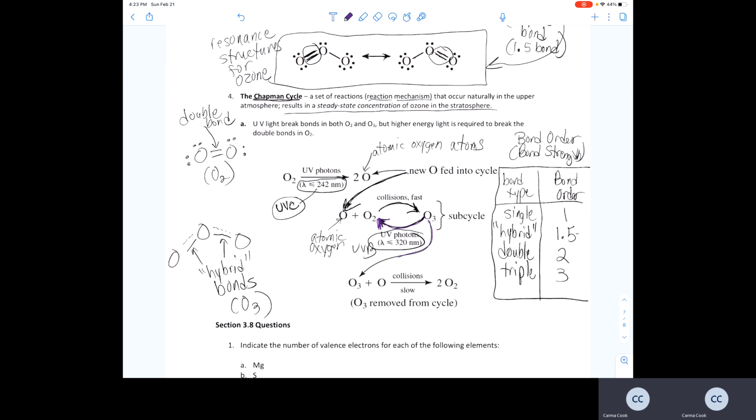And then the ozone can also go on and react with atomic oxygen, but it does so in a slow manner to form more oxygen. And that oxygen goes on and gets recycled and starts the process all over again. So it's a cycle. It happens over and over again so that you maintain this steady concentration of ozone in the stratosphere.